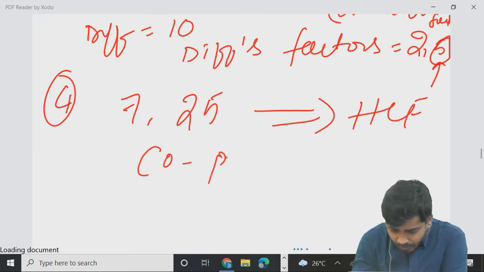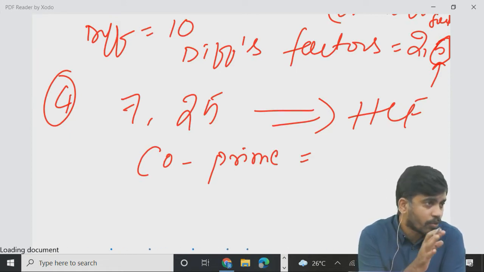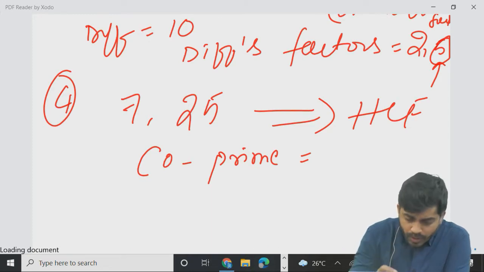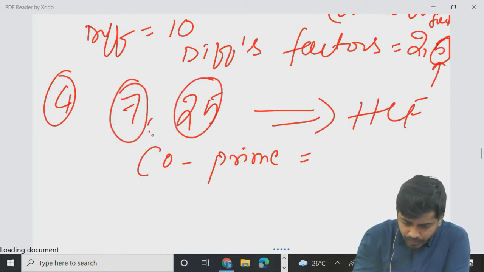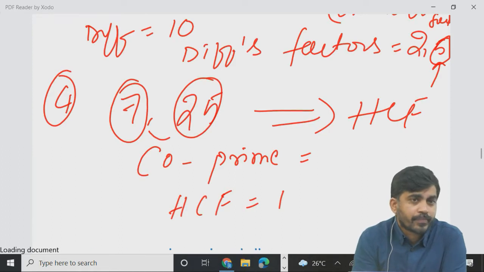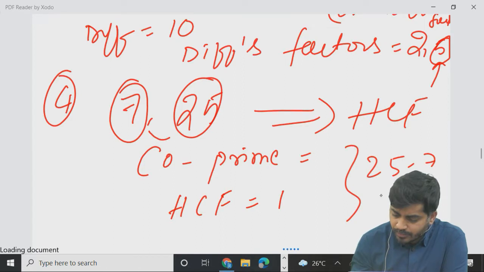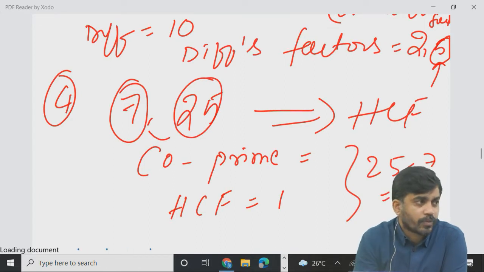What is the meaning of co-prime? Numbers that don't have any common factors. 7 itself is a prime number. Prime number means no factors to begin with. So for 7 and 25, there are no common factors. In that case HCF is equal to 1. Simply don't take 25 minus 7, which is 18. No.